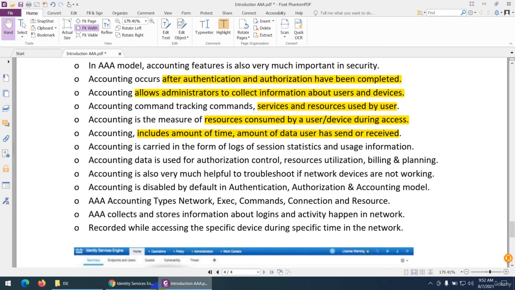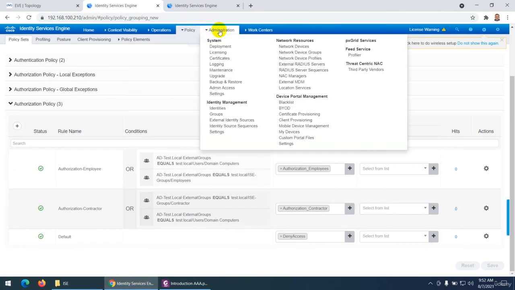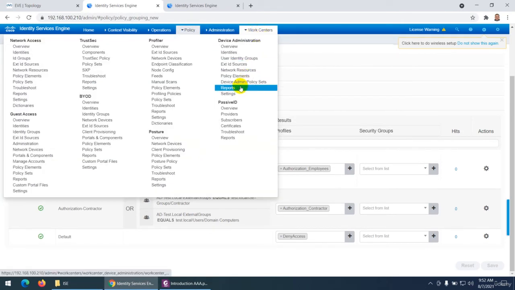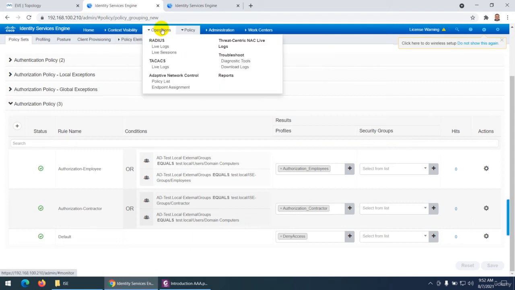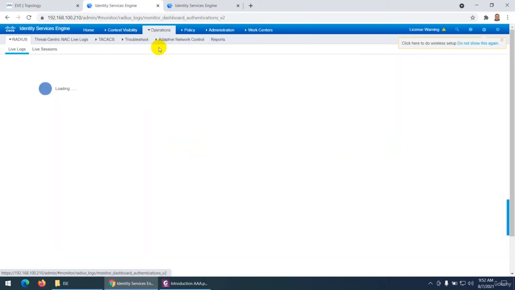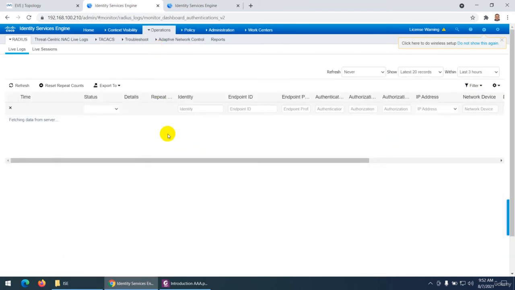And this accounting helps both device administration authorization, and also network access authorization, both accounting. So whenever you do something, there are RADIUS live logs, this is also coming under accounting.